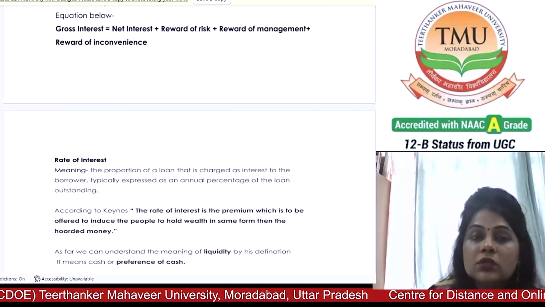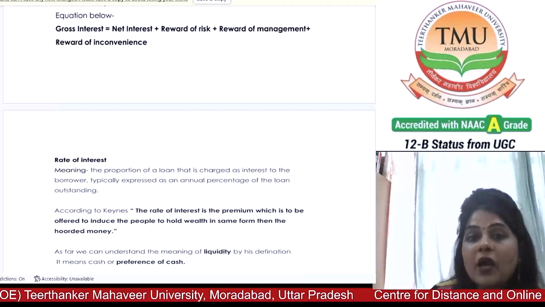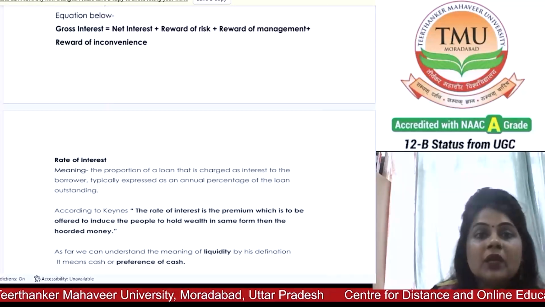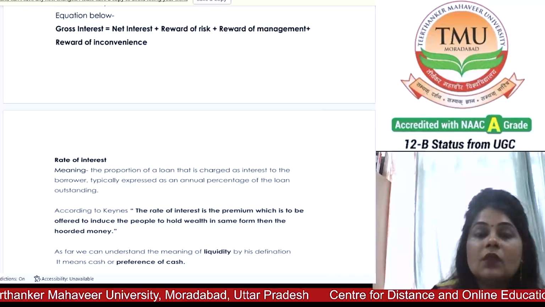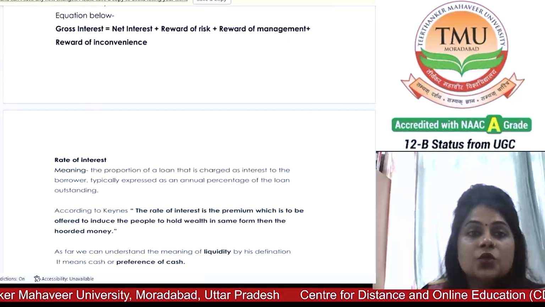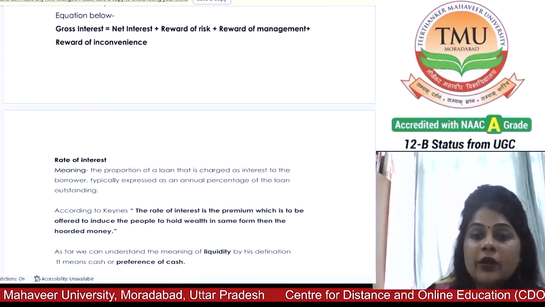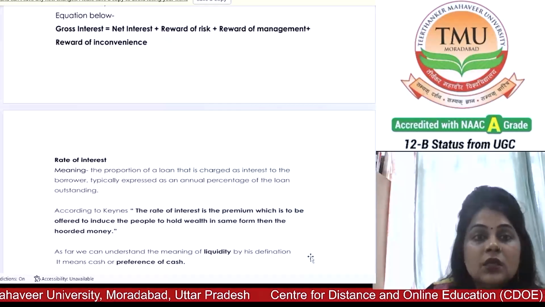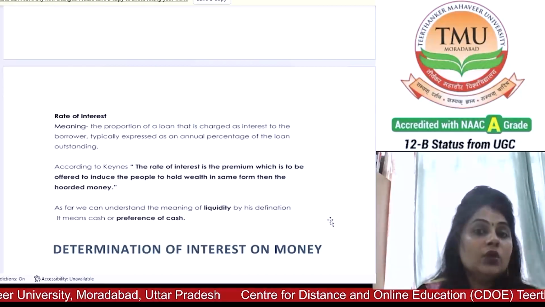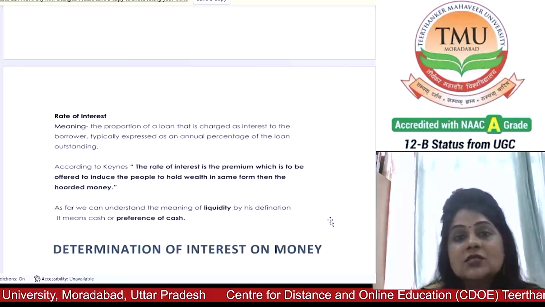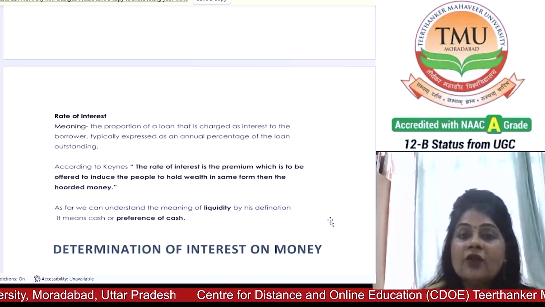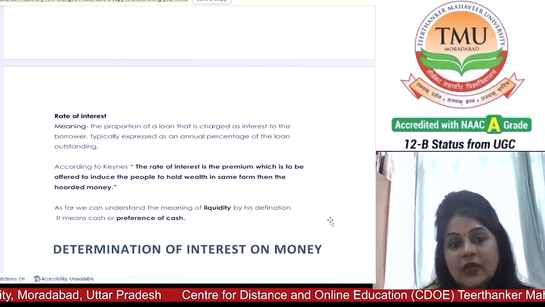According to this theory, interest is determined by demand for and supply of money. It is the equilibrium point between demand and supply. Demand for money has two functions, medium of exchange and store of value. The rate of interest is the proportion of a loan that is charged as interest to the borrower, typically expressed as an annual percentage of the loan outstanding.